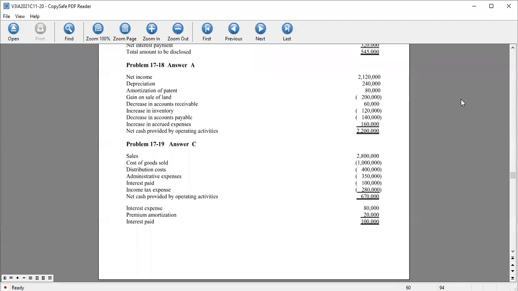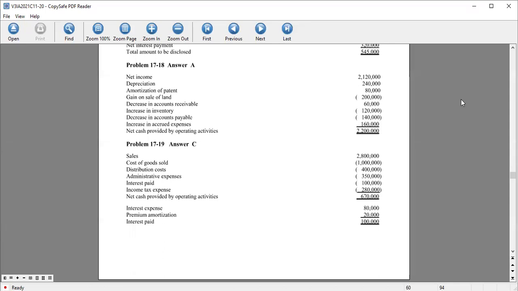Then we go to number 19. The question is, what amount should be reported as net cash provided by operating activities? So number 19 is C. We have sales of 2.8 million minus cost of goods sold. We deduct the other expenses, including distribution and administrative interest paid.